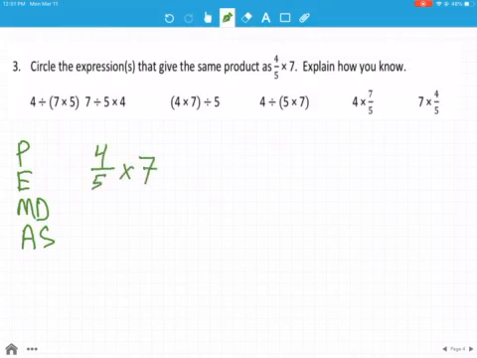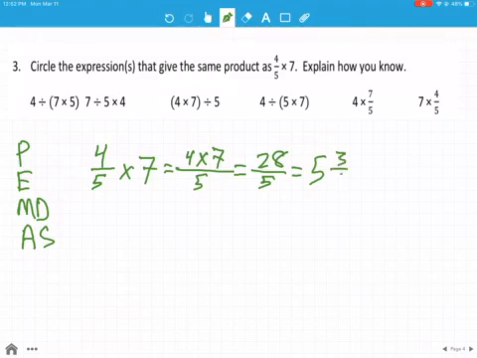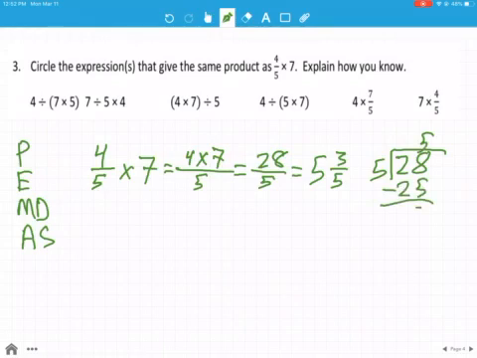So first we have to find out what 4/5 times 7 is. And hopefully you can see that it's 4 times 7 over 5, which gives us 28/5, which gives us 5 3/5. For those of you who can't see it, I'll write it here.